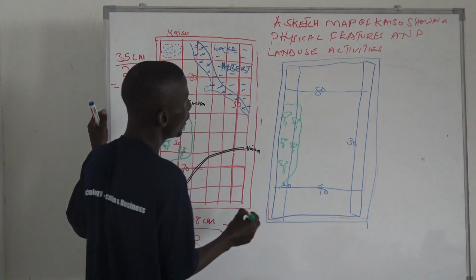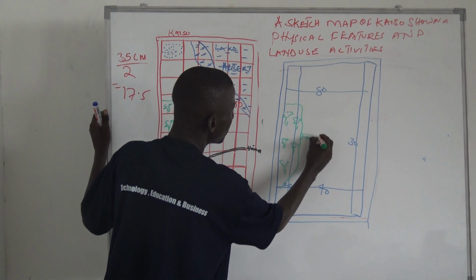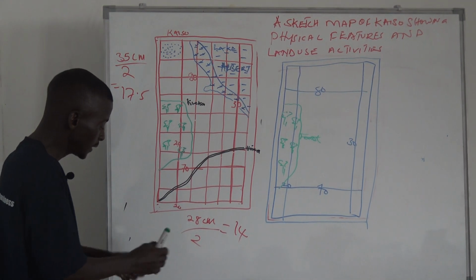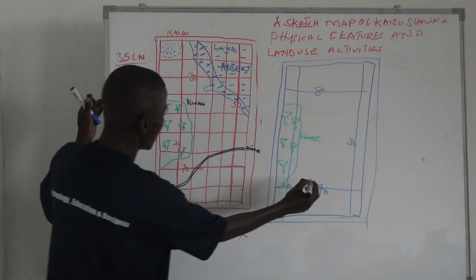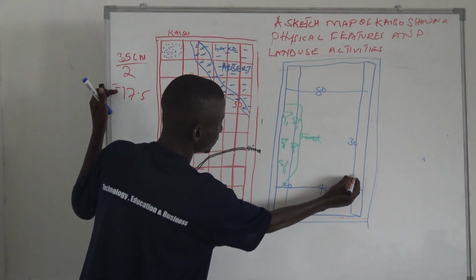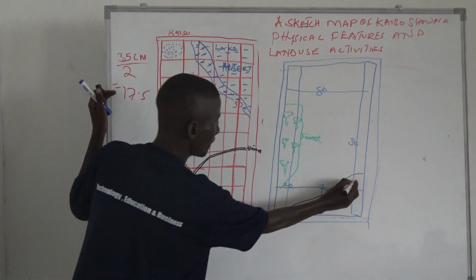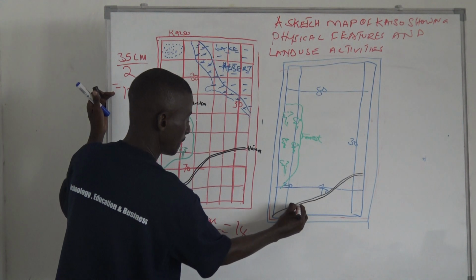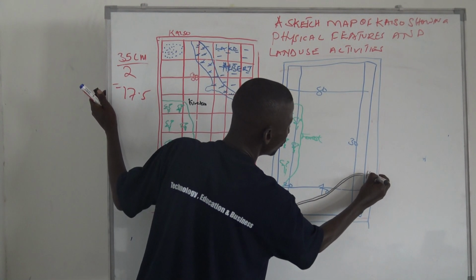That's why the question is requiring you to mark and name. You say this is a forest. Then this one is a road down here, which we have called Hoima Road.